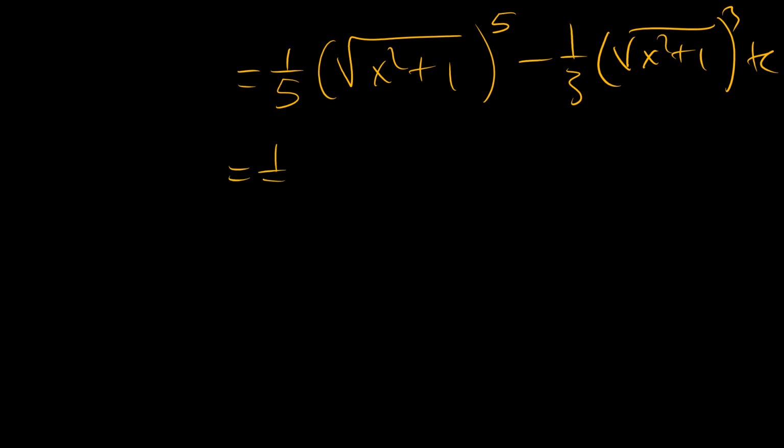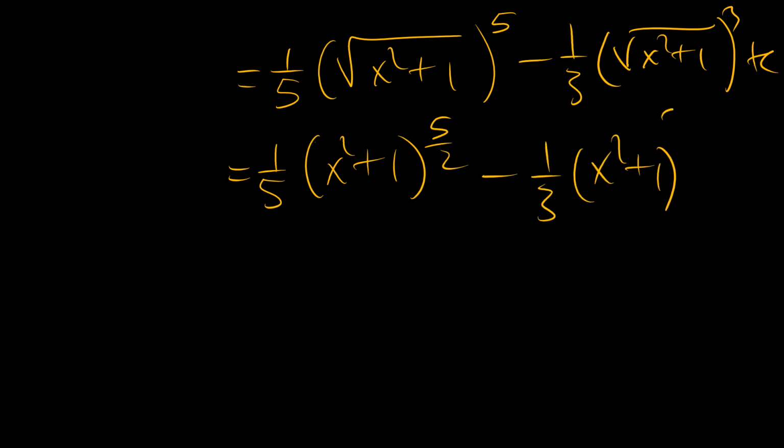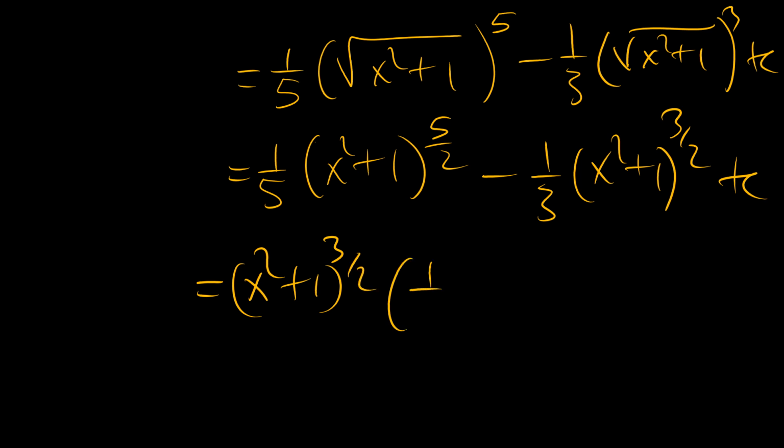So this is the same as a fifth x squared plus 1 to the 5 over 2 minus a third x squared plus 1 to the 3 over 2. Can pull out x squared plus 1 to the power 3 over 2, so that I'm left in here with a fifth of x squared plus 1 to the power 1, minus a third.